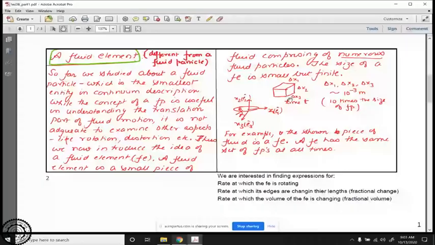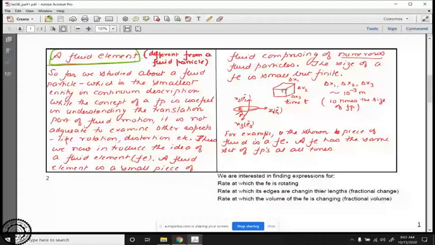There are 2 faces perpendicular to the E1 unit vector, 2 faces perpendicular to E2, and 2 faces perpendicular to E3. Delta x1 is the length of those edges which are parallel to E1, delta x2 is the length of those edges parallel to E2, and delta x3 is the length of those edges parallel to the third axis.